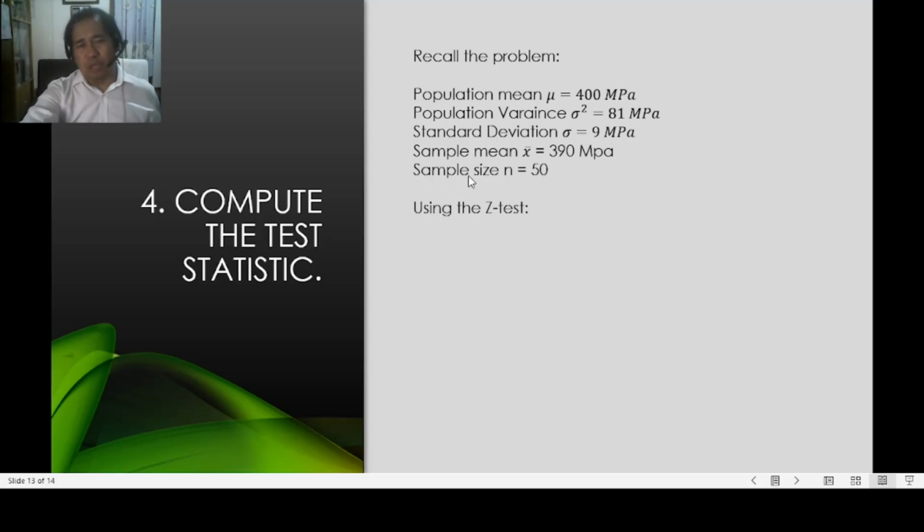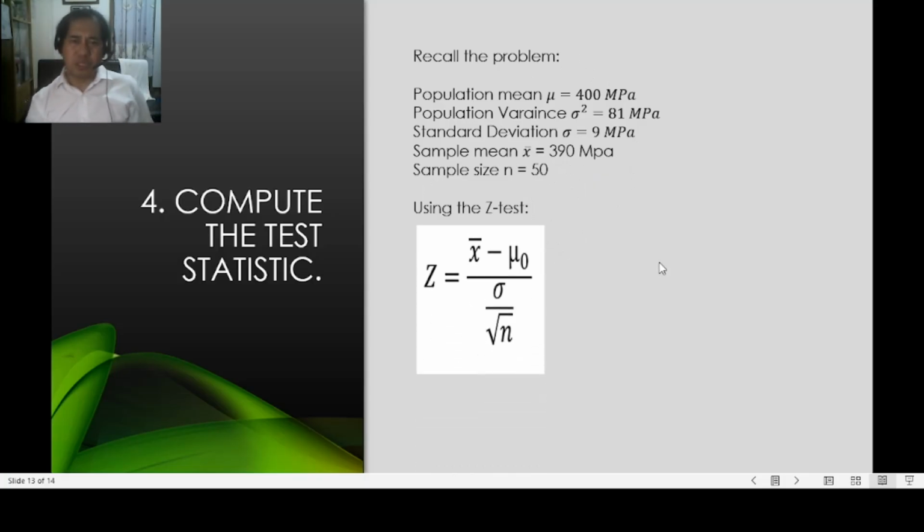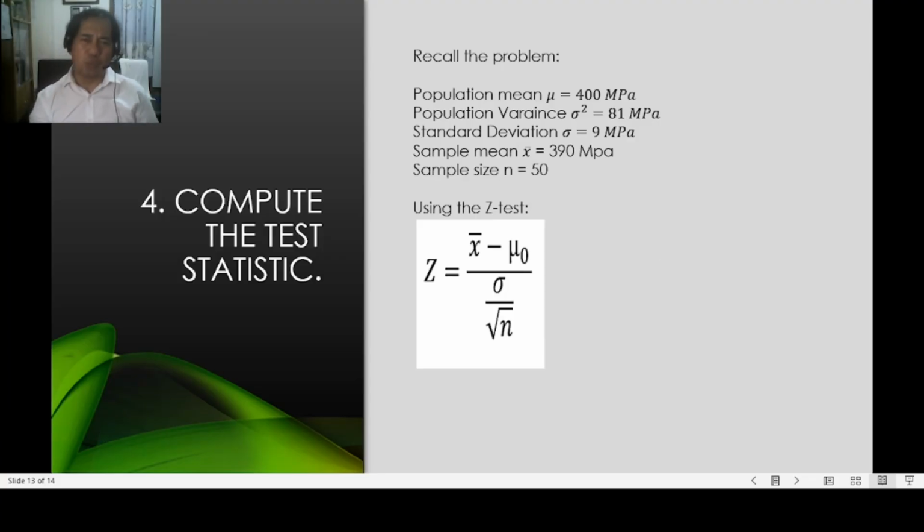How about the sample size? 50. Because of this, it satisfies the one sample test. Then we make use of this kind of formula, the one sample test. Notice that our sample mean is to be substituted by 390, which is the sample mean.